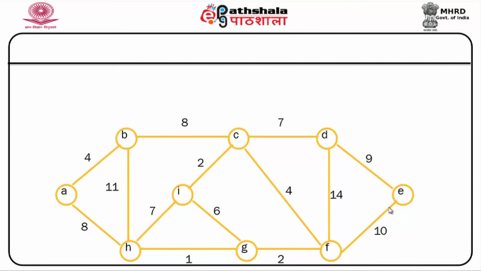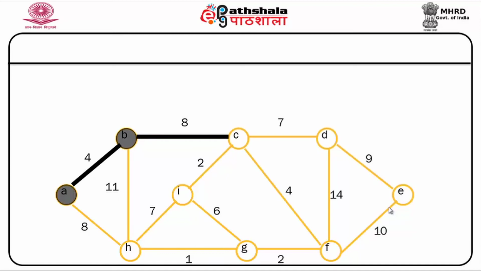So, let us try to apply that to this particular example. We will start from here. I have to look for the minimum cost. So, 4 is the minimum. Now, I can have two possibilities. I can check all edges that start from A as well as B. I will just branch out.